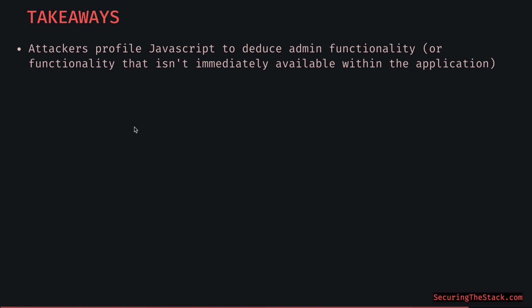Now, what are some quick takeaways here? Well, attackers always profile, not always, nothing is ever always, but a good attacker will profile client-side JavaScript to deduce admin functionality, or functionality that isn't immediately available within the application.